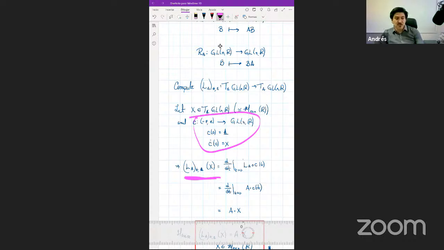Sometimes it's more efficient to do it that way than to look at the basis.